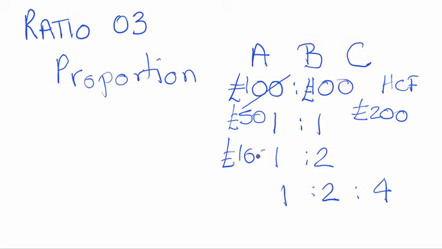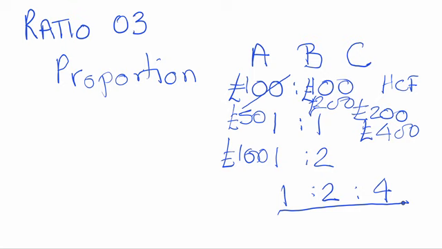So I give £100 to A, I give £200 to B, and £400 to C. It will still be in this ratio because the highest common factor is 100. 100 goes into 100 once, 100 goes into 200 twice, and goes into 400 4 times.